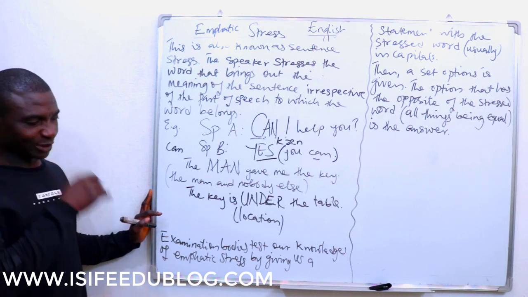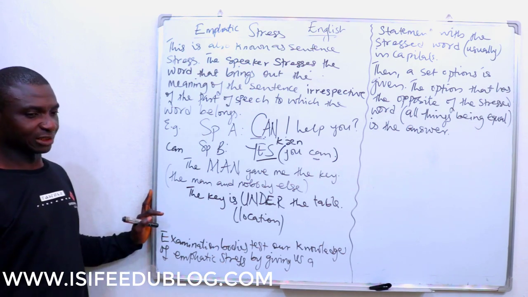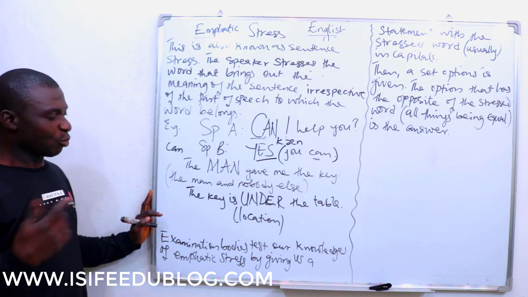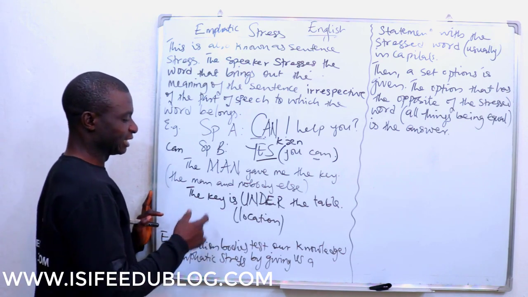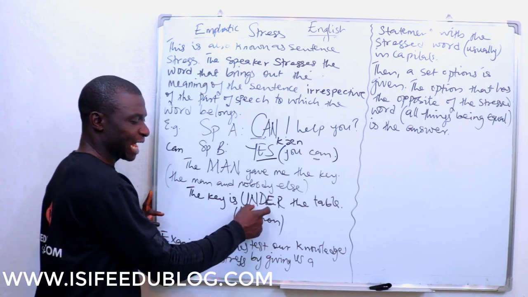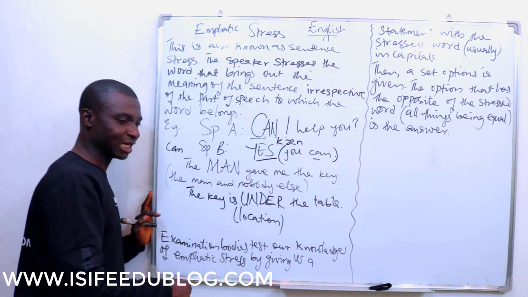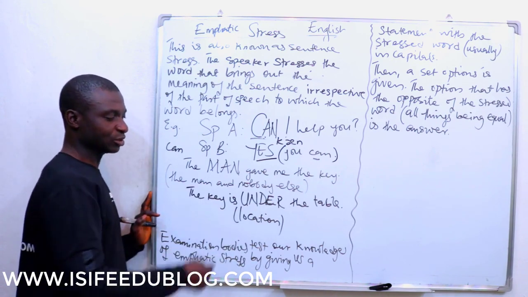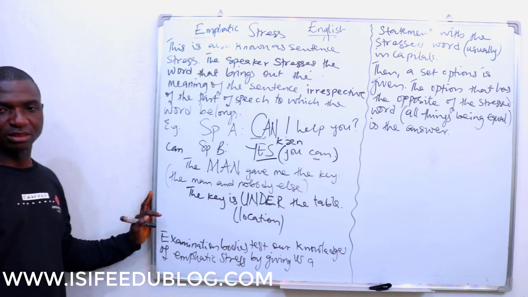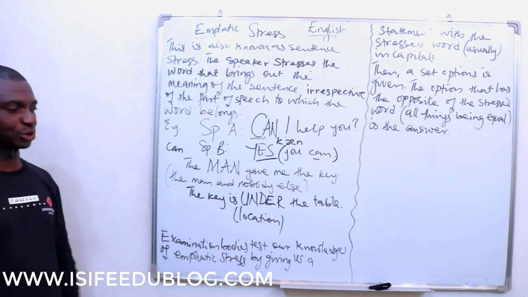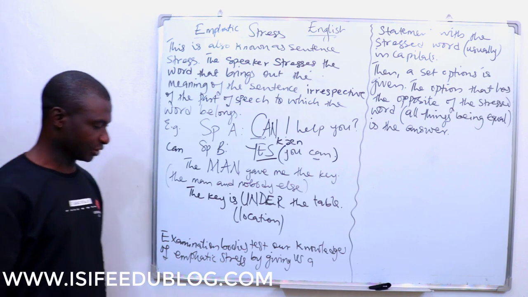So, I sent somebody to give me the key, and when searching, couldn't find it, asking me, where is the key? And so, I answer, the key is, where will I stress now? Under. We mean not on top, not beside. Giving you a precise location to look for the key.